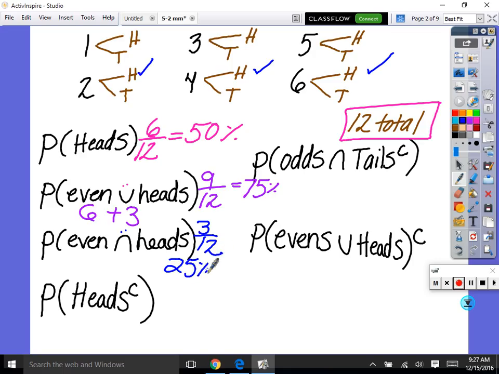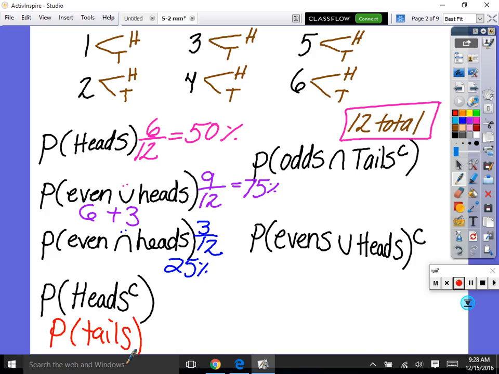All right, so next one is, okay, it says, probability that we're going to get heads complement. I know we struggled with this last time, so try to think of what heads complement really means. Remember, complement means everything that's not a heads, correct? So heads complement would be tails, correct? So instead, I'm going to write what's the probability of getting a tails.